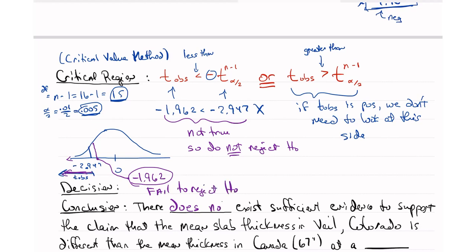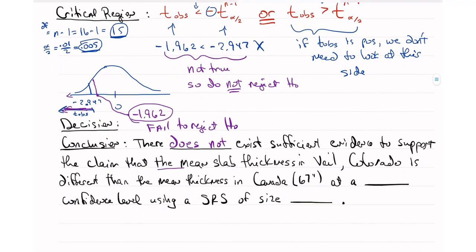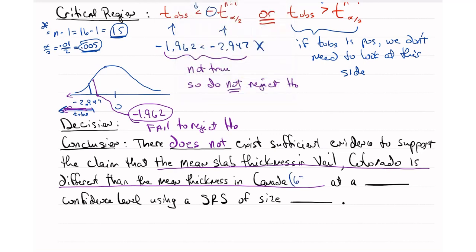There does not exist sufficient evidence to support the claim that the mean slab thickness in Vail, Colorado is different than the mean thickness in Canada of 67, and that's centimeters, not inches. So let me just redo that. There we go. At a 99% confidence level.